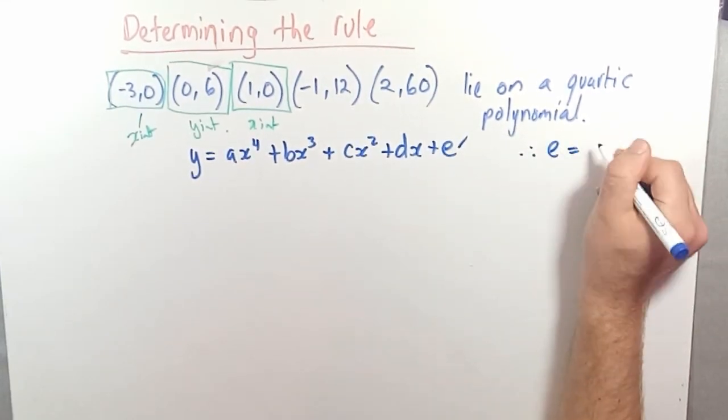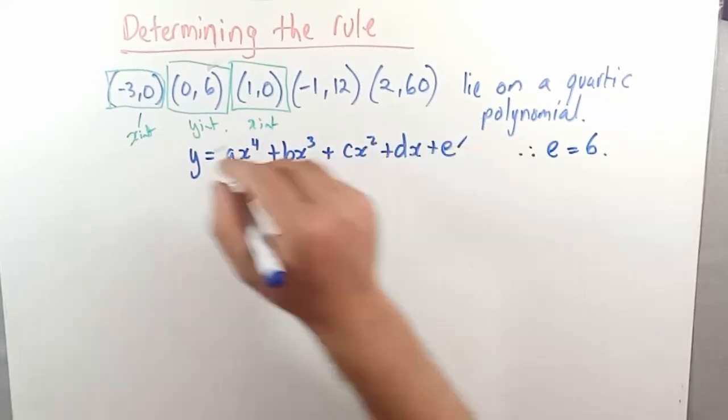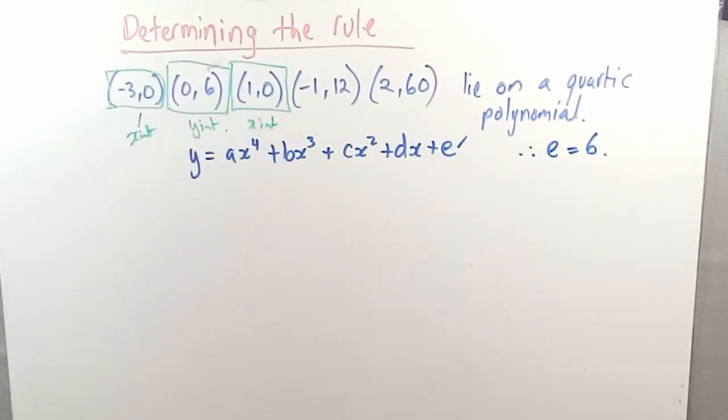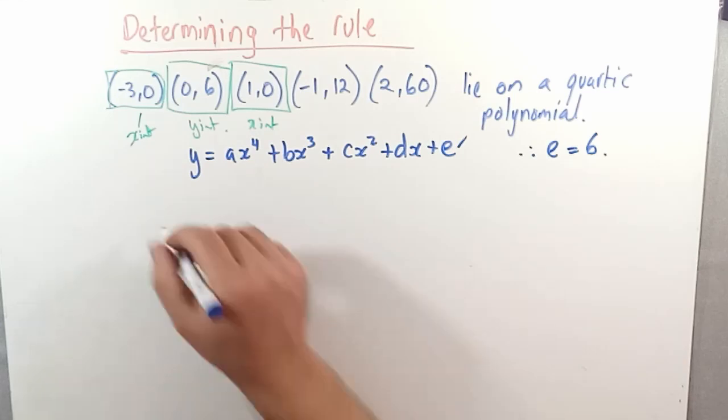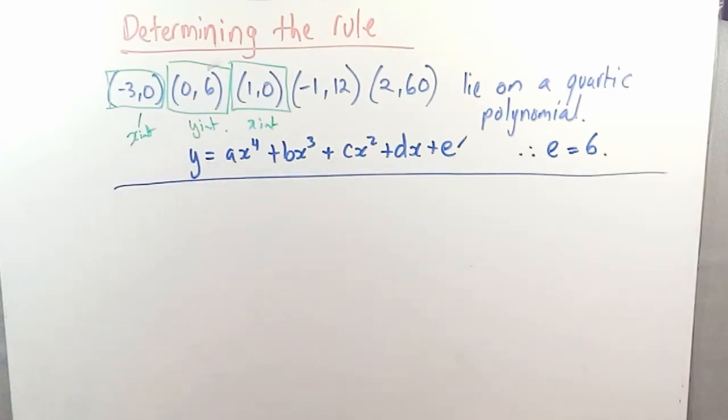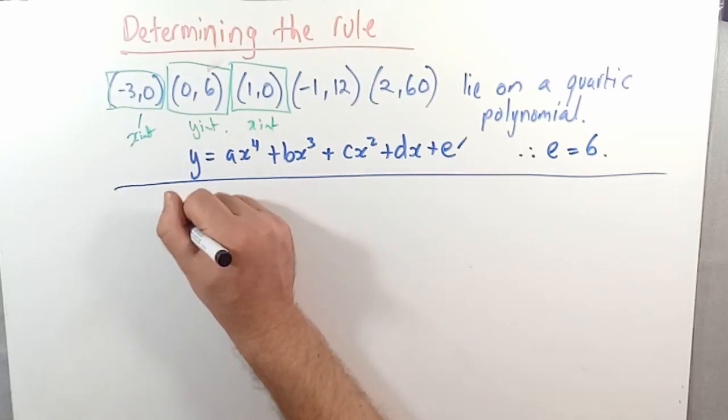Therefore, e is equal to 6. Y-intercept. Done. Perfect. However, that's still a bit tricky to solve, so that hasn't really helped us much. So let's draw a line in the sand there, and we'll go with the x-intercepts. Might be a bit more useful.